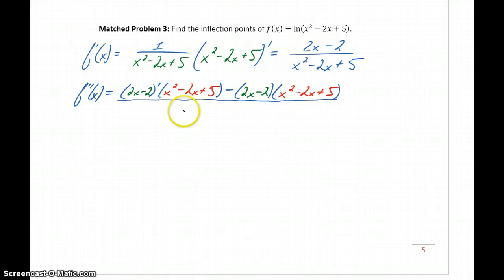All of that divided by the original denominator, or the second function, squared.